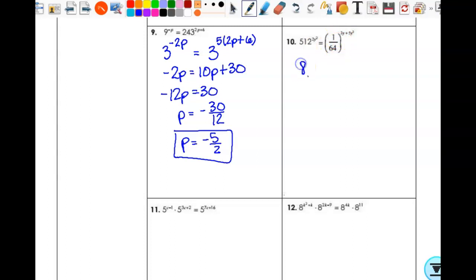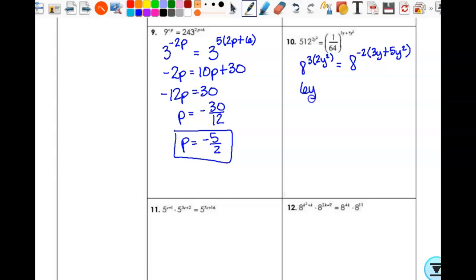So I'm going to get 8 to the 3 times 2y squared power equals 8, and then this would be to the what? Negative 2. Good. Times 3y plus 5y squared power. Common bases, use my 1-to-1 power.